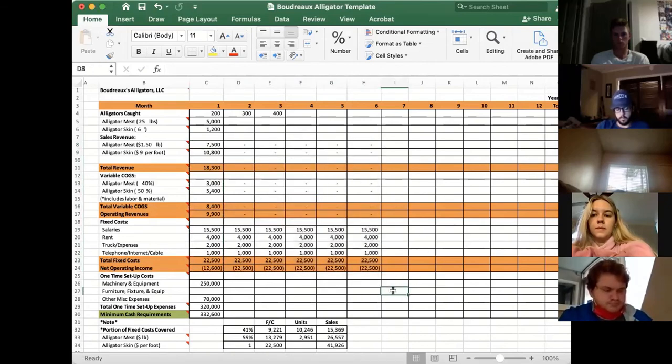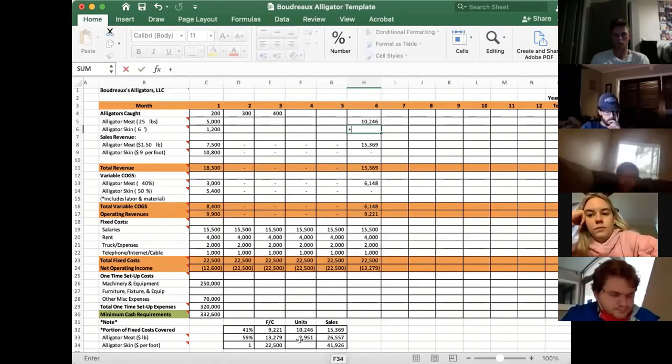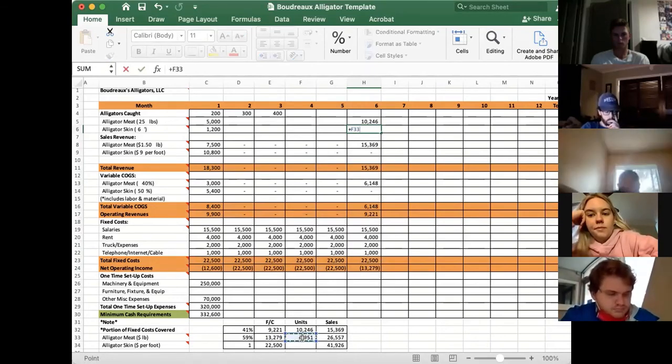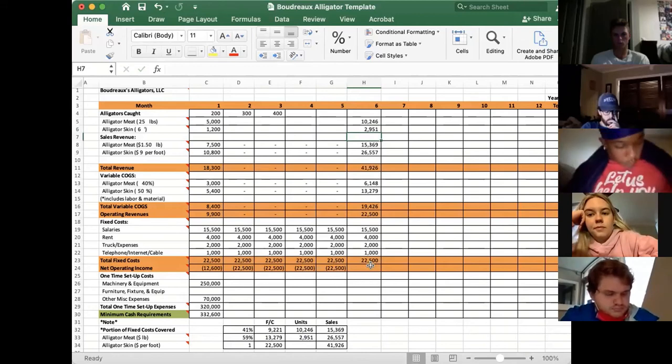And what we do is we go up to our units on month 6, and we plug in our units here. And then we plug in our units here. Guess what we have? Break even.